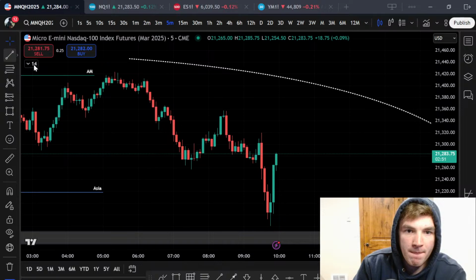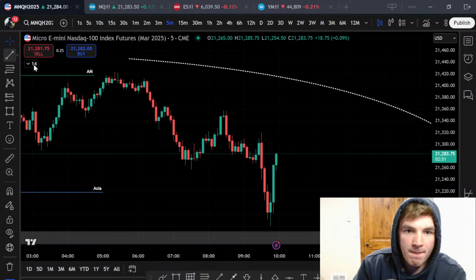See all this LRLR up here? This very well possibly could be the drawn liquidity once we close above this breaker. So yeah, I'm able to flip my bias because I'm able to understand liquidity in the short term.